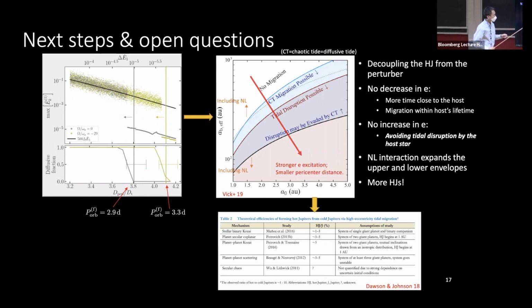Our study shows that compared to the linear case studied by Wu et al., by including the nonlinear interactions, we can further expand both the upper and lower envelopes. This is why it can lead to more hot Jupiter formation. And exactly by how much, that's a question we would like to answer through a future population census study.